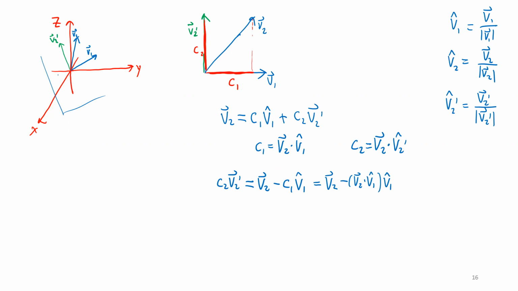So now we certainly know how to find this V2 prime, right? Because we know this V2 and V1 already. So let me write one more step over here. This is really this one minus this, where V1 hat is given by V1 divided by the V1 magnitude.